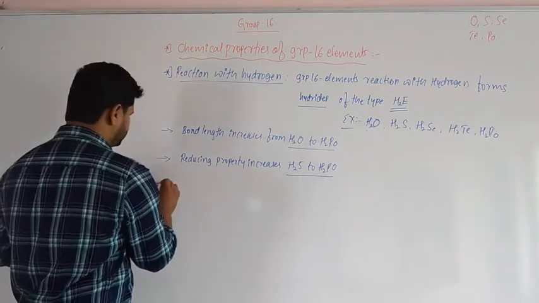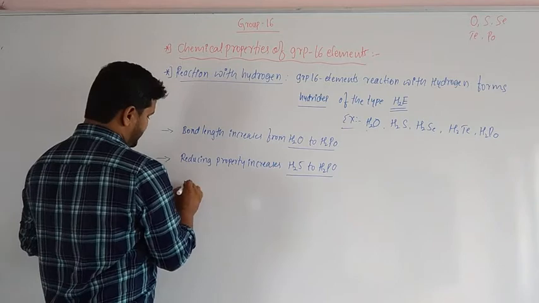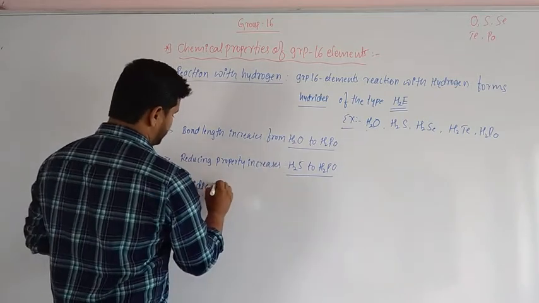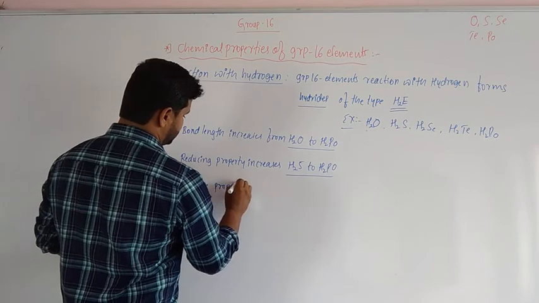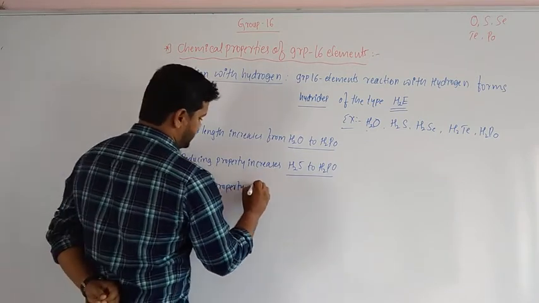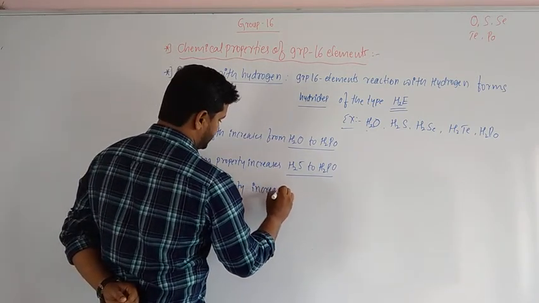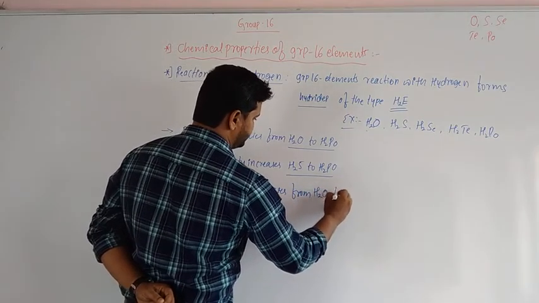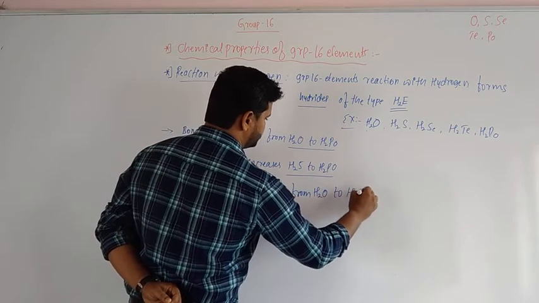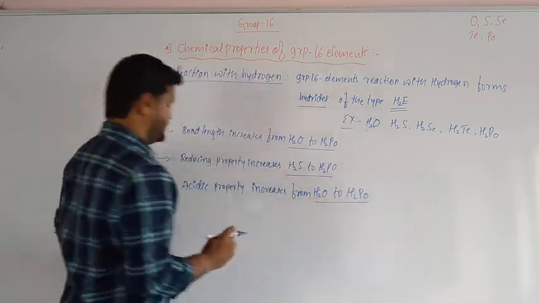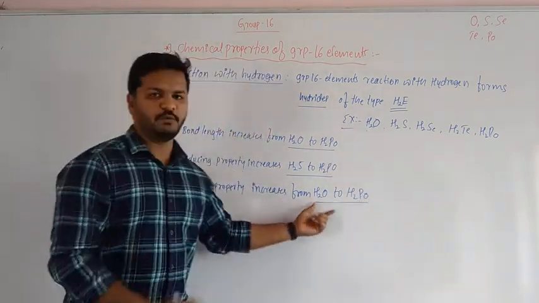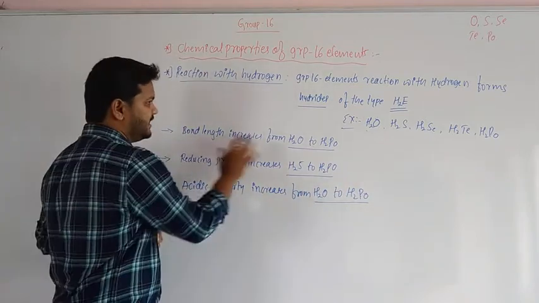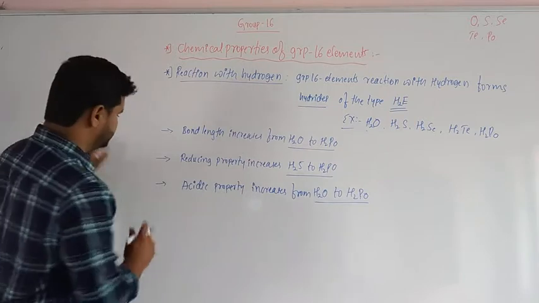And next one, acidic property. Here all are acidic in nature. Acidic property increases from H2O to H2Po. These are all about the hydrides only, students.